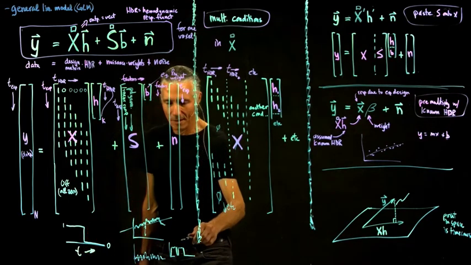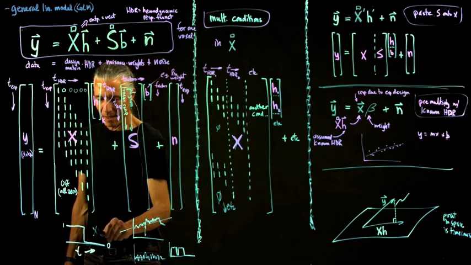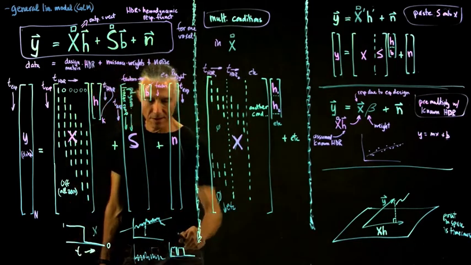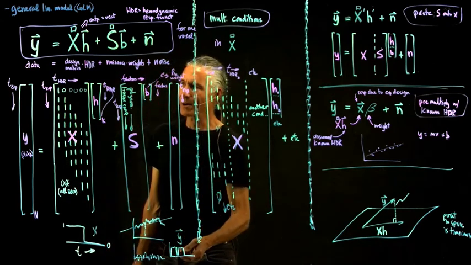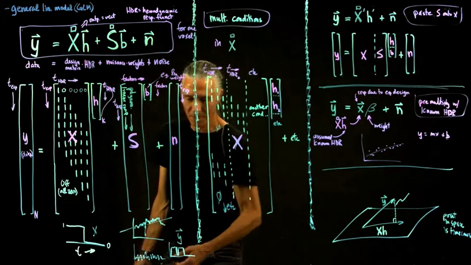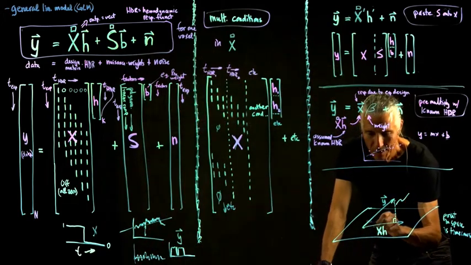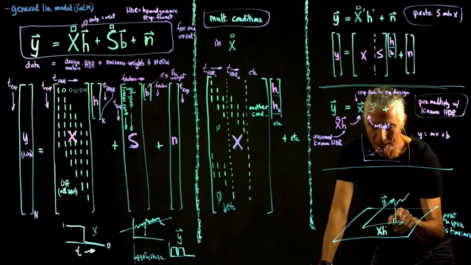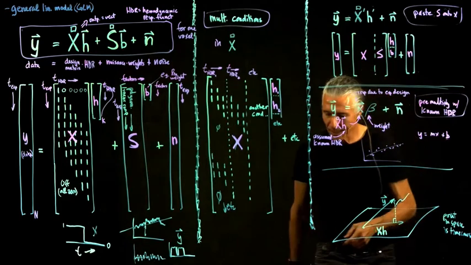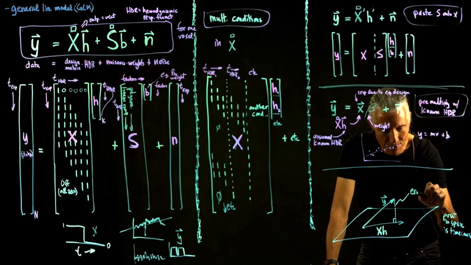Clearly you can't explain that with this experimental design. Here's our y data. It just went away there. We can't explain that part. That would be why this data vector lifts out of the plane of things that we can explain. And what is this thing? This is the error, or the noise.